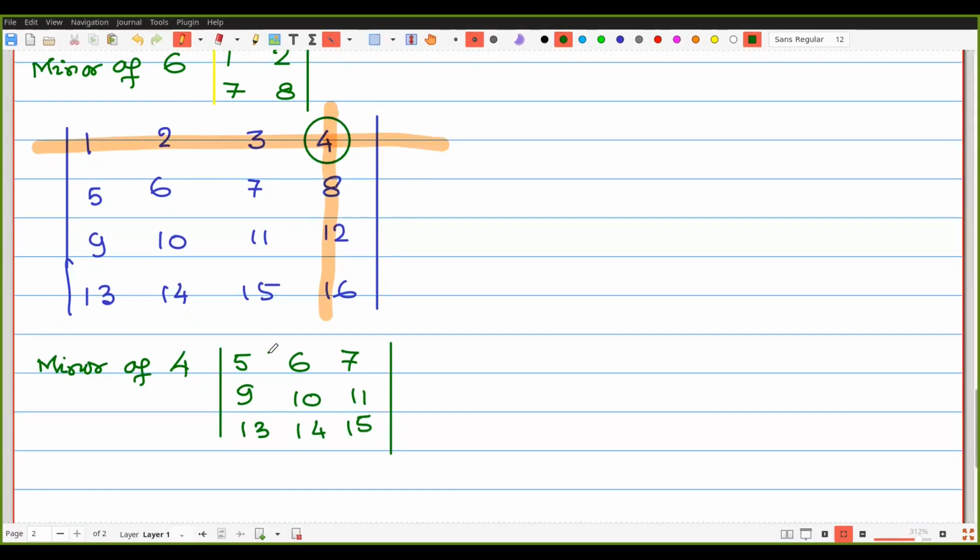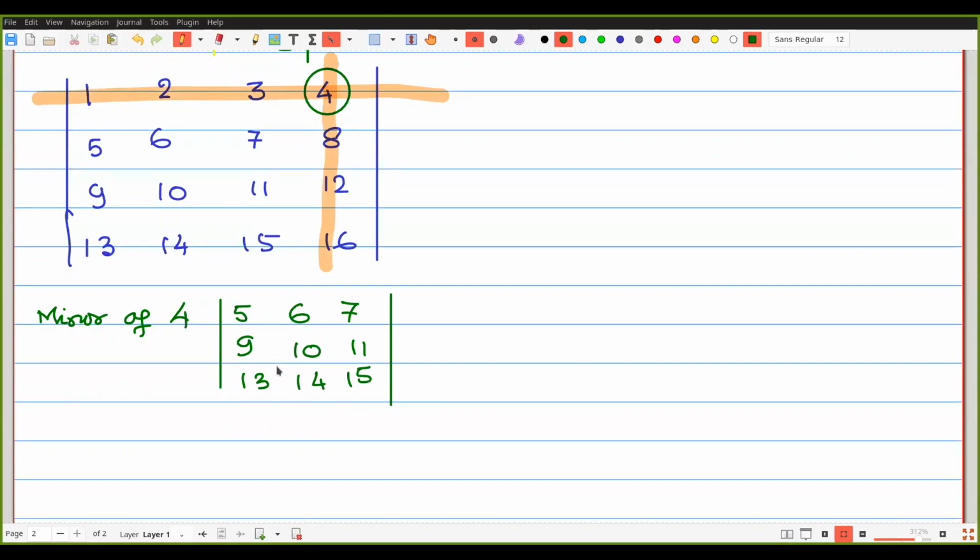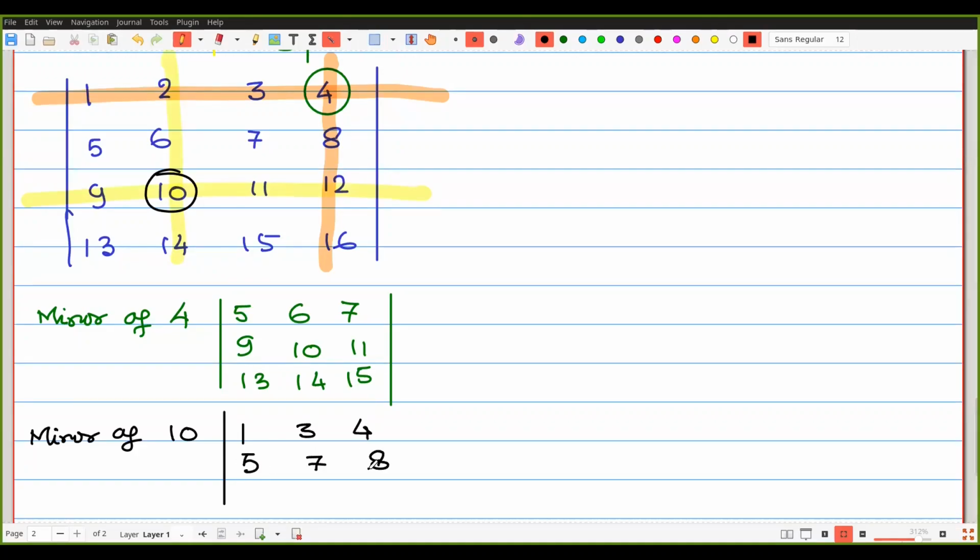Suppose we want the minor of 10. Once again, remove its row and column, and we get 1, 3, 4, 5, 7, 8, and 13, 15, 16.